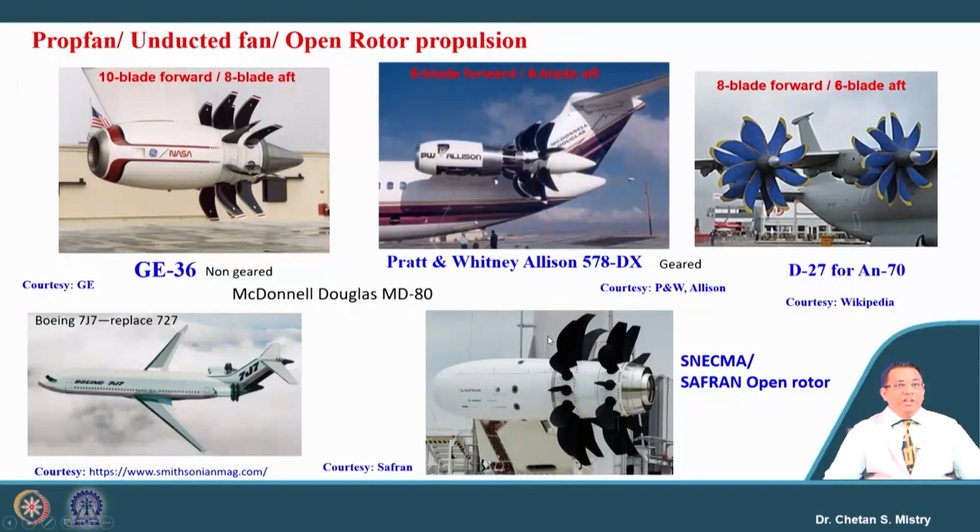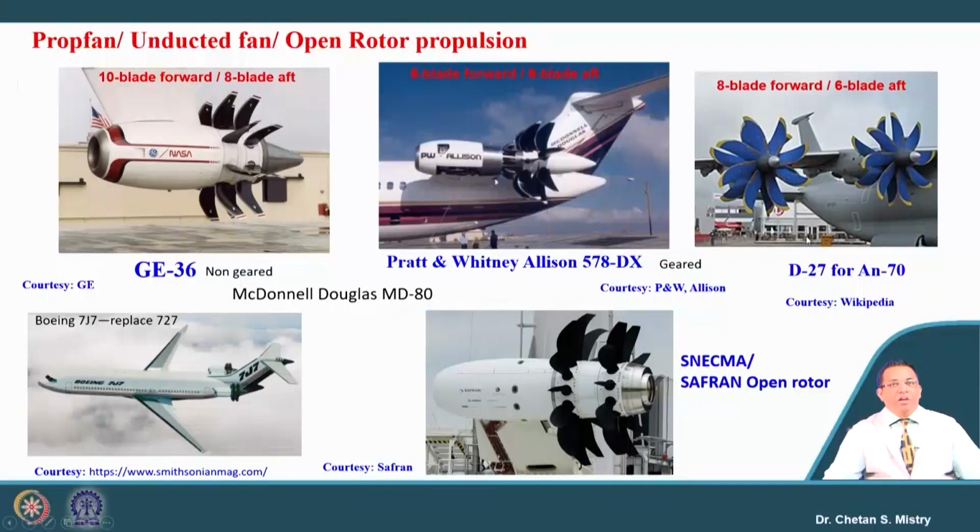The difference between GE36 and this SNECMA Safran open rotor configuration is that they achieved counter-rotation by placing the gearbox. The major challenge for this kind of configuration in those days was higher noise, and Safran has come up with a solution for noise reduction, and that is the future upcoming engine.